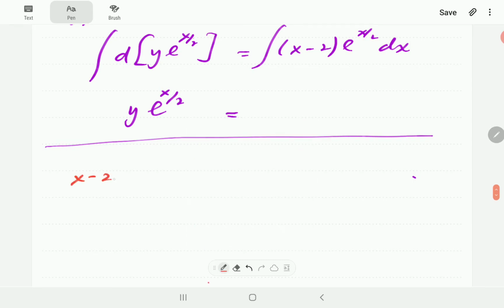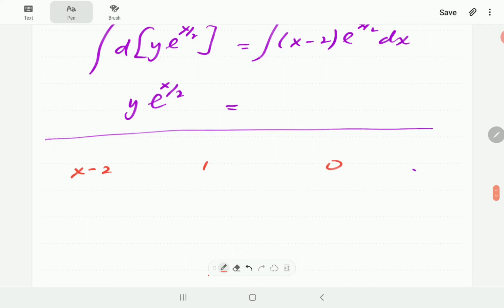So we've got x minus 2, derivative of that is 1, derivative of 1 is 0. Here I've got e to the power x on 2. So these are the integrals of e to the x on 2. This is the integral of this one, and this is the integral of this one.